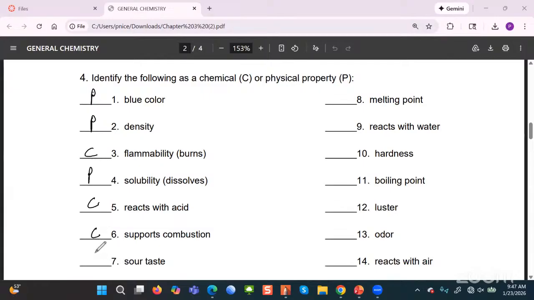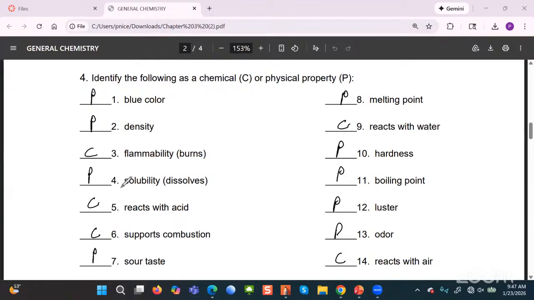Sour taste, physical. Melting point, physical. Reacts with water, chemical. Hardness, physical. Boiling point, luster, physical. Odor, and reacts with air. Okay, very good. What is luster? Shiny again.